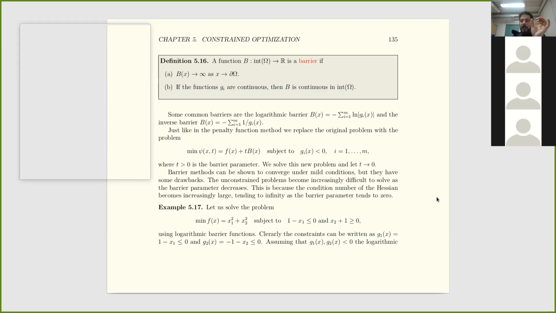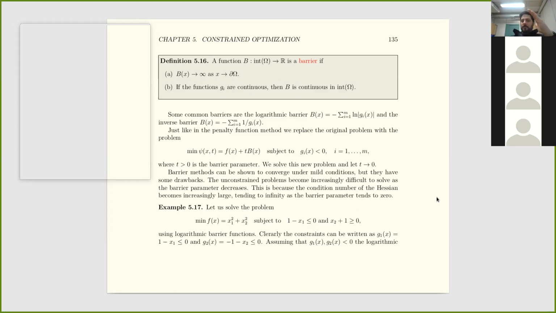As we increase the penalty, the gap between the boundary of the region and the point we reach will diminish, and we will approach the boundary from the outside because the penalty gets bigger and bigger.